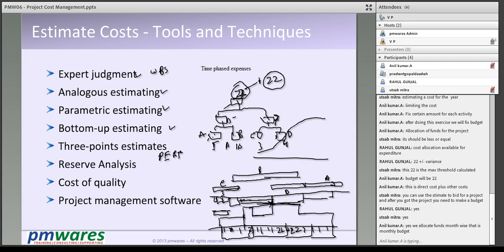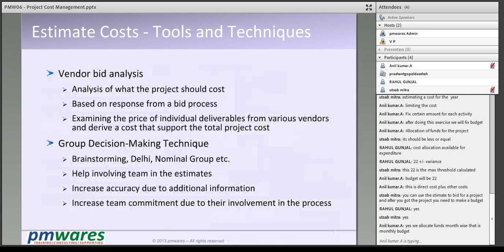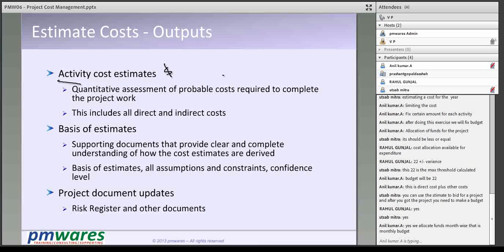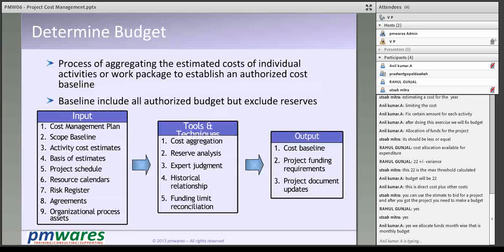If I keep adding the resources coming over here, I will get a curve like this. And this line is actually budget because it is a time phased expense. Unless you know how you're going to spend, you cannot say it is a budget.